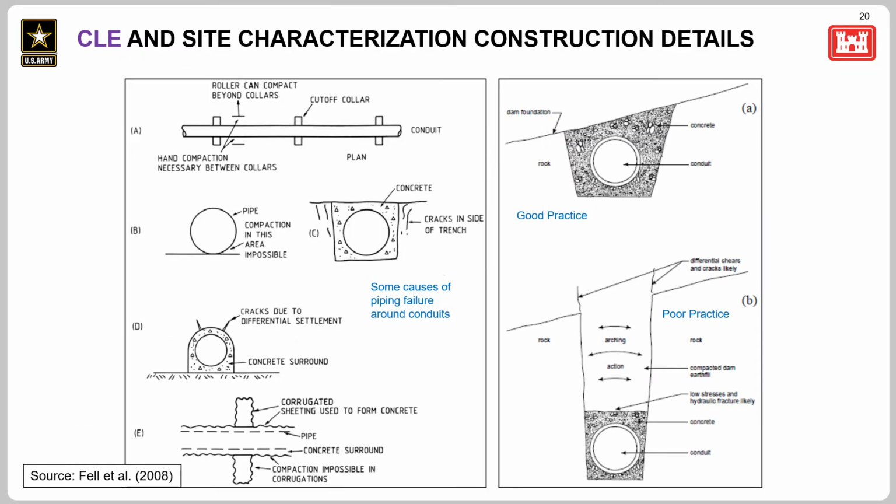Here we see an illustration that shows some construction details to look for when characterizing the site. A little bit less about the site conditions, but more about understanding how the constructed features might provide paths for internal erosion around conduits or in poorly compacted zones. So understanding material types and construction practices that might lead to the potential for internal erosion.